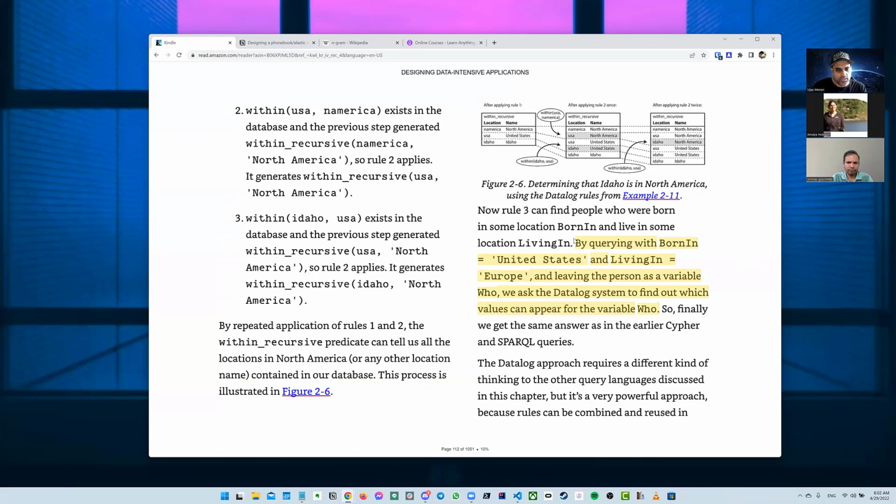I didn't see much about it connecting to Europe or who is married to each other in here. I think this is just the traversal process that DataLog uses to go from a location continent down to the United States, then down to Idaho.